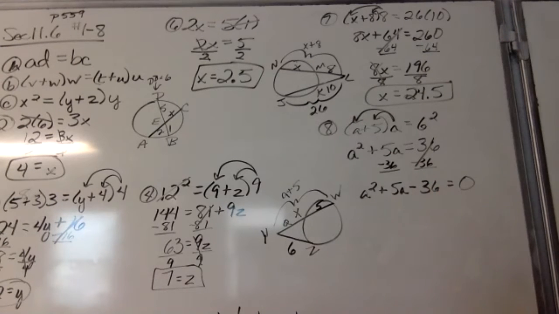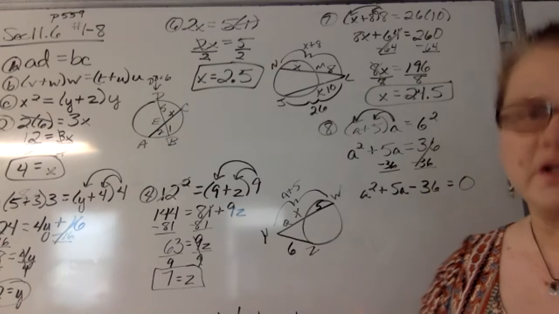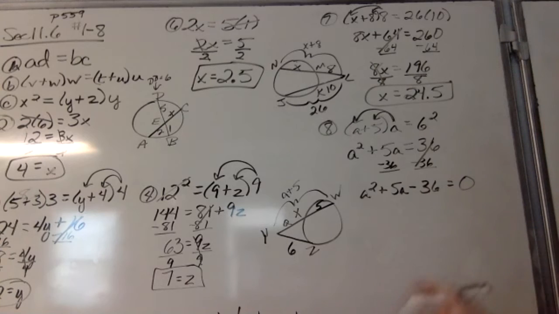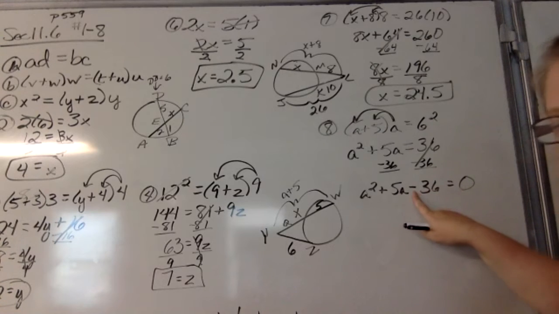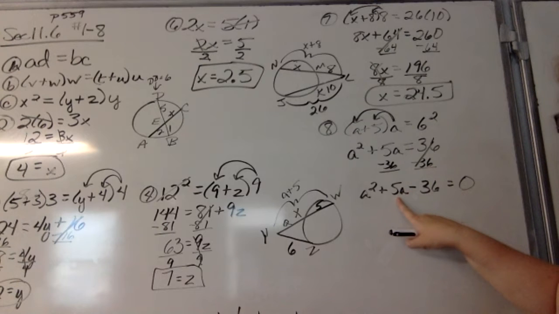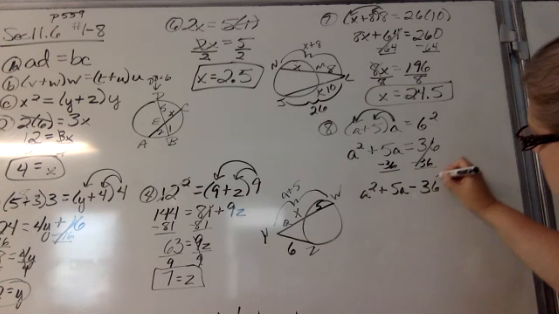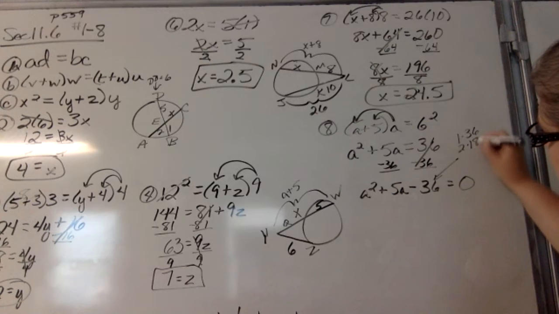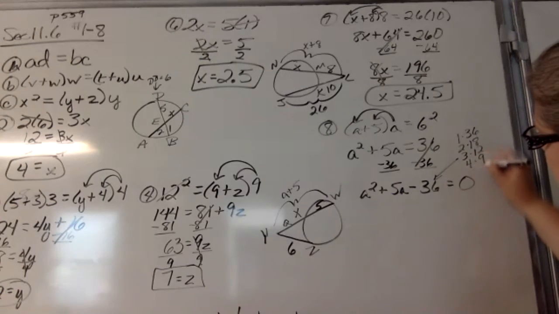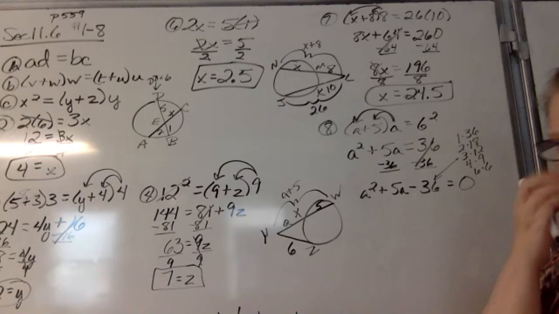Okay? Now, the reason that I moved it over here is because we solve quadratic equations by factoring. So we look for things that multiply to equal 36 that will subtract, since this is a minus sign, to equal 5. So things that multiply to equal 36 are 1 and 36, 2 and 18, 3 and 12, 4 and 9, 6 and 6.